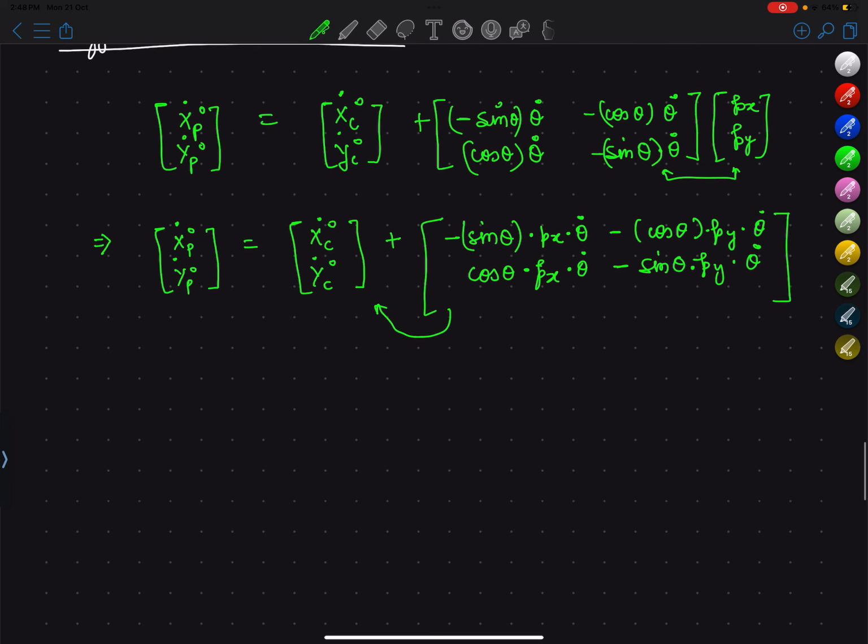Right. So from forward kinematics, we know that xc naught dot equals v cos theta, and yc naught dot is equal to v sine theta. This we know from FK.